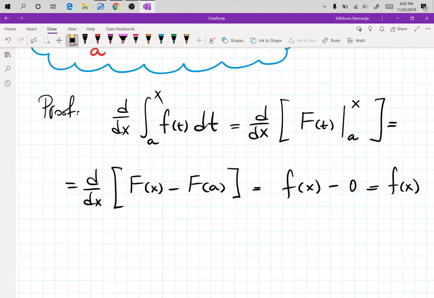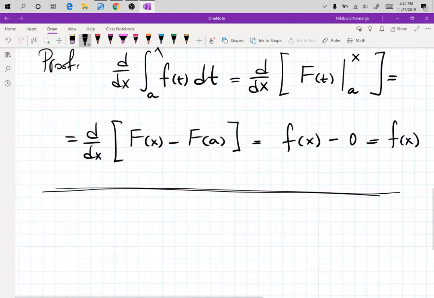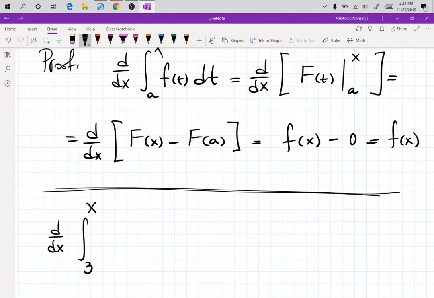solve the problems quickly with this one if you understand the way to read the formulas, obviously, which is if you have the derivative with respect to x of, let's say, the integral from 3 to x of e to the 4t times t squared dt.